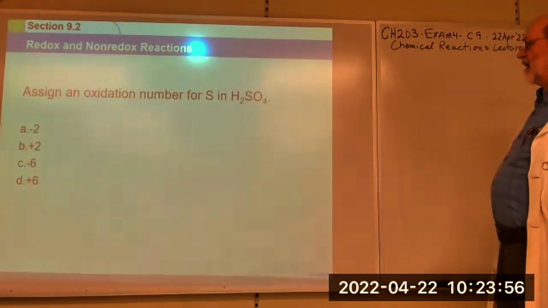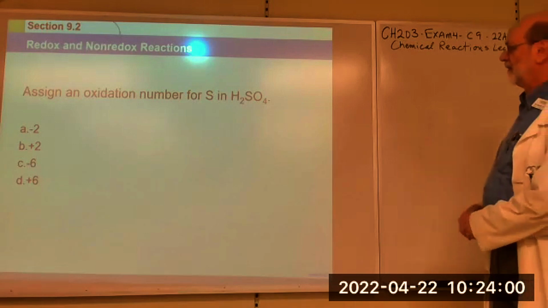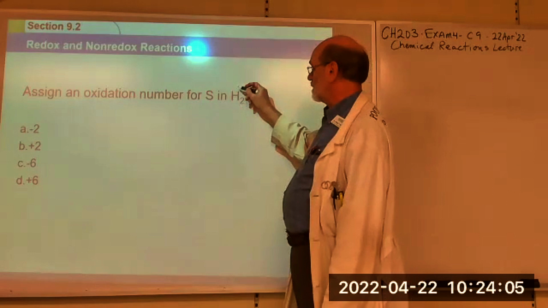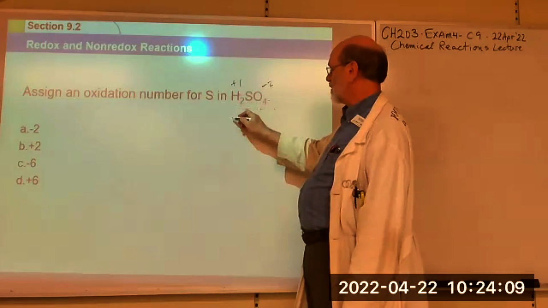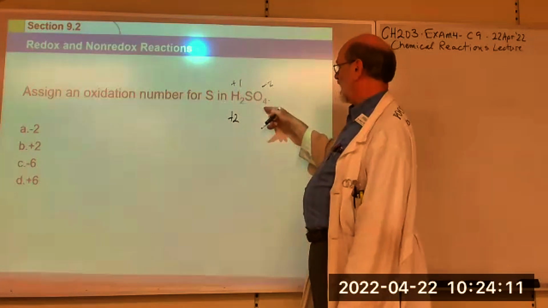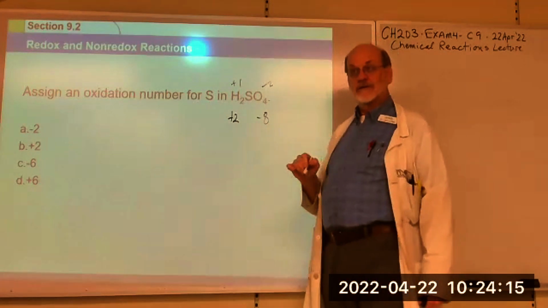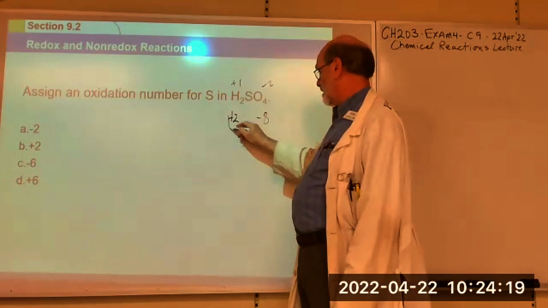Okay. How about assigning an oxidation number for sulfur? Right, so we know that hydrogens are +1s. Oxygens are -2. So this is going to be a +2 for the hydrogens and a -8 for the oxygens. So together, that's a -6, right?